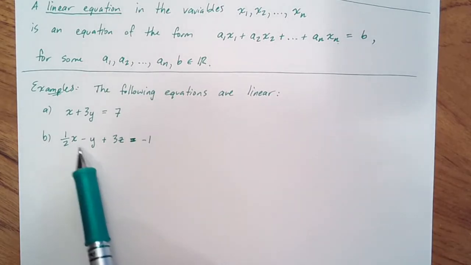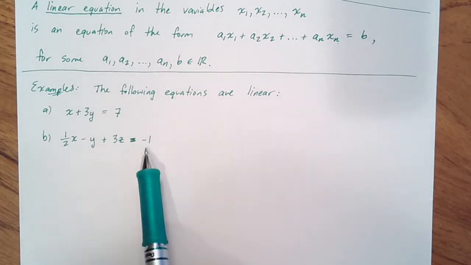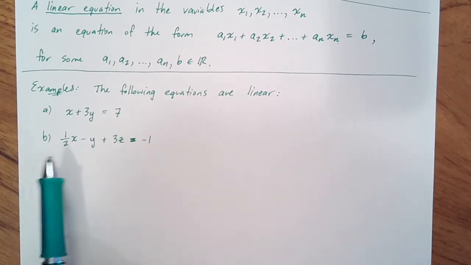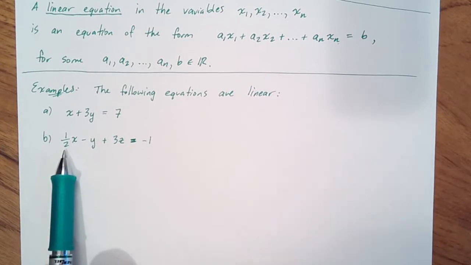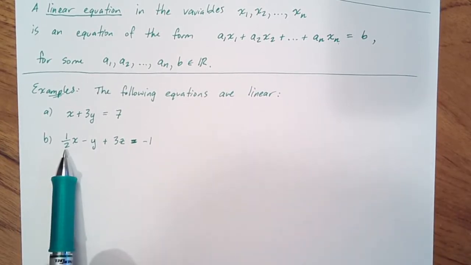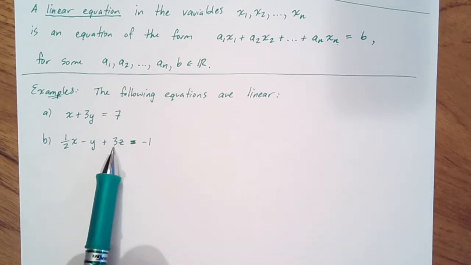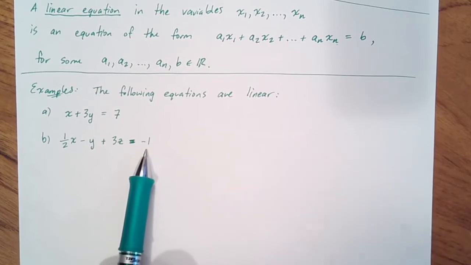So 1/2 x minus y plus 3z is equal to -1. So what's different here? Well, first, what's the coefficient of x? You can see that there's actually a fraction. 1/2 is the coefficient of x. The coefficient of z, well, that one's just written right here. It's 3. The constant term over on the right-hand side of the equation is -1. So in this case, our constant term is a negative number.